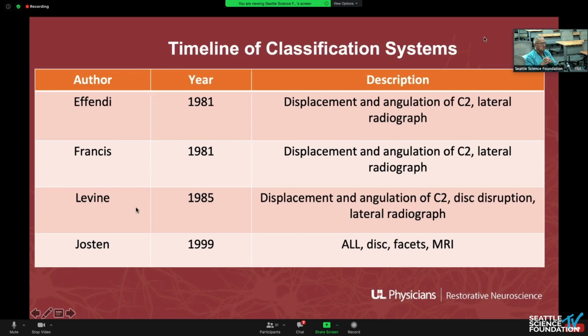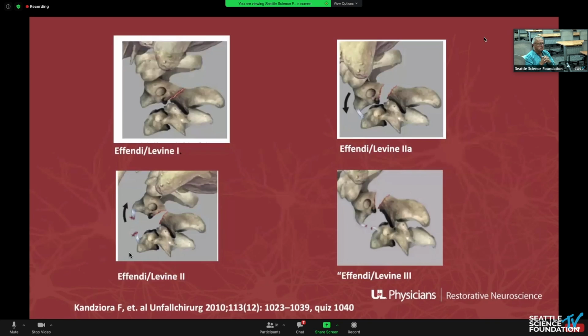And then Levine was 1985, and the most recent classification that is popularly used around the world is the Justin classification, and that one does incorporate the MRI as well as the anterior longitudinal ligament. So that, I think, has been a good addition to the classification system.